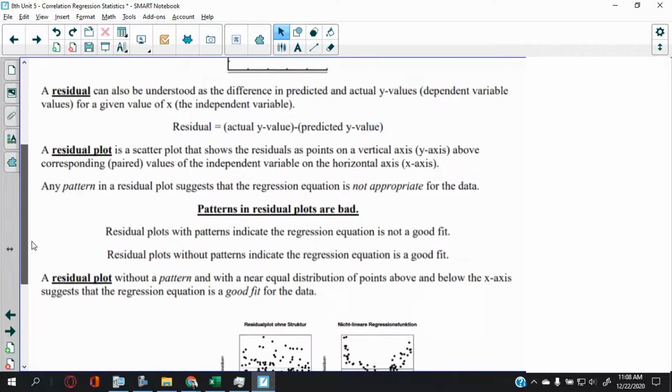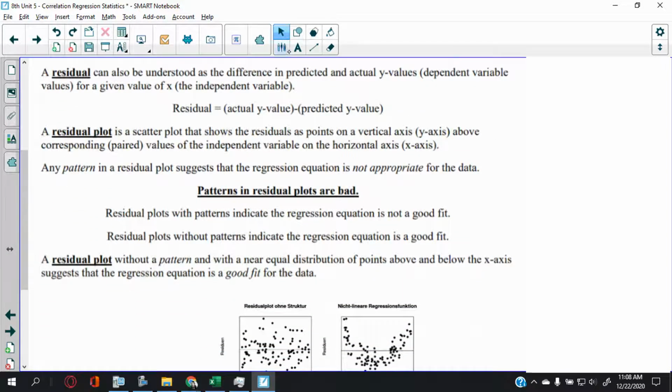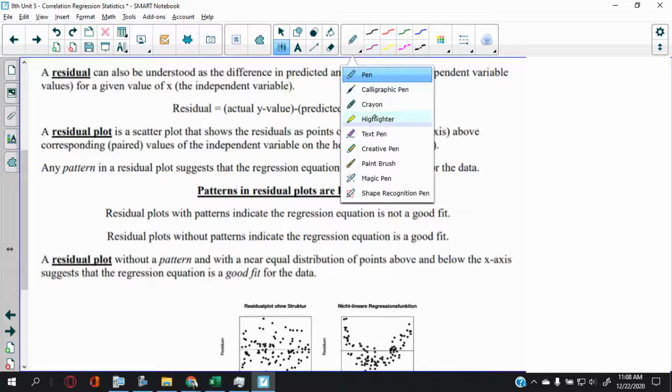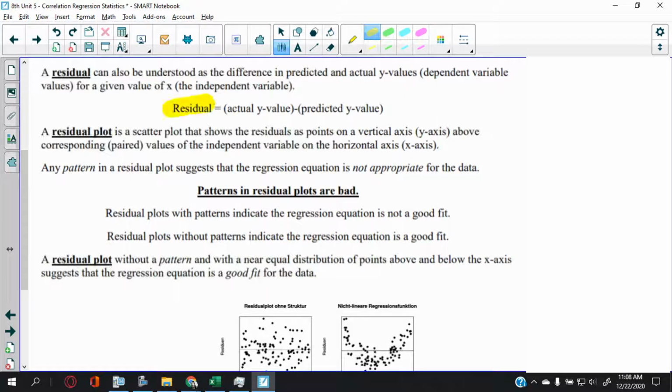What he said right at the very end was that a residual in this topic is the actual value of y minus the y value that's predicted from the graph. Because remember, all this has its origins in the line of best fit.